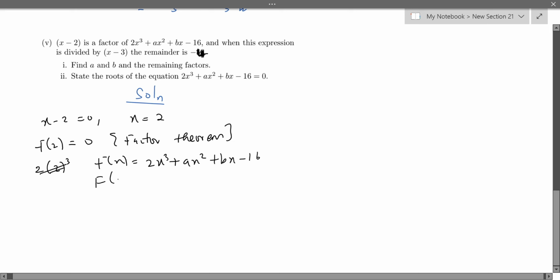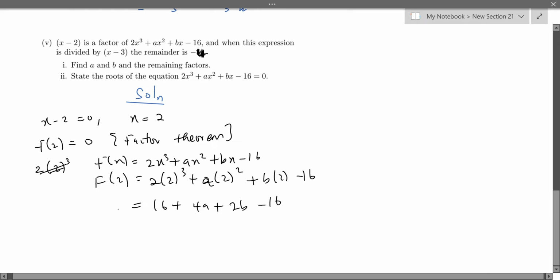So f of 2 will be 2 times 2 cubed plus a times 2 squared plus b times 2 minus 16. So this will give you 16 plus 4a plus 2b minus 16, all equal to 0.